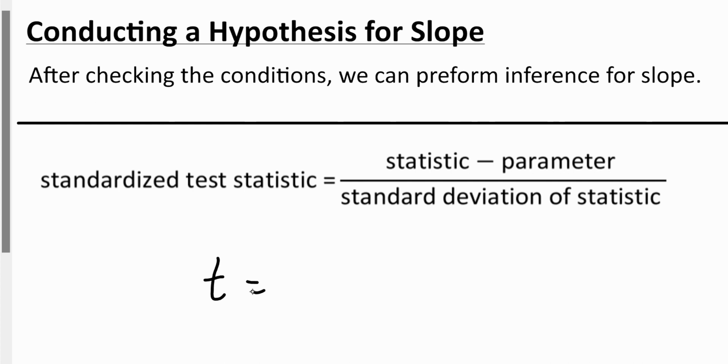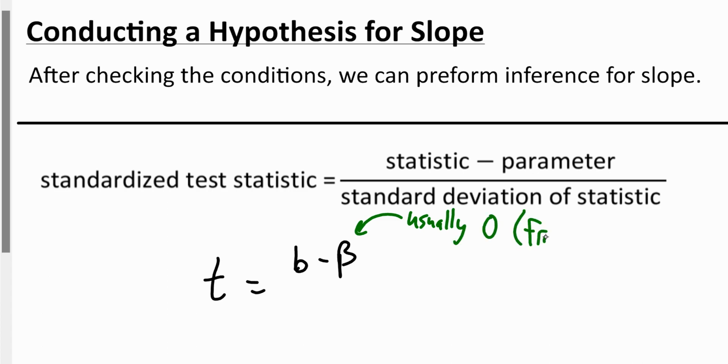The statistic would be our little b, whatever we get from our sample data, minus beta. Now, beta is going to be coming from our hypotheses, so usually 0. I can't think of an example right now where it wouldn't be 0. It's going to be usually 0.